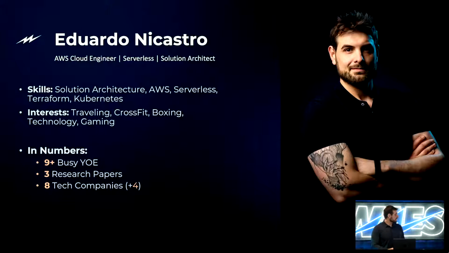I've worked in 8 different technology companies so far. I think that for 9 years of experience, that's a lot. I've also worked in 4 other companies, mostly in project management and KPI management. In those 8 companies, I've worked on 14 different projects. I think that's also very nice to bring to the table.